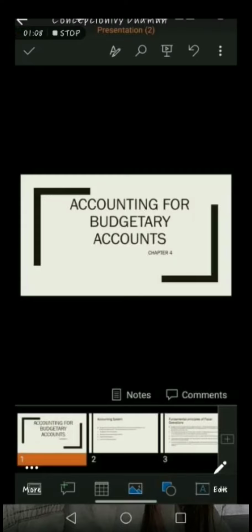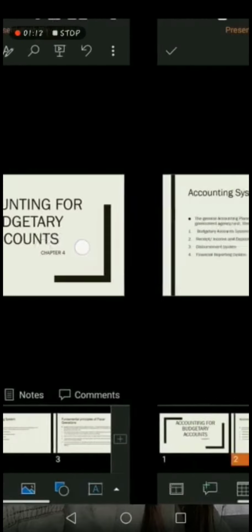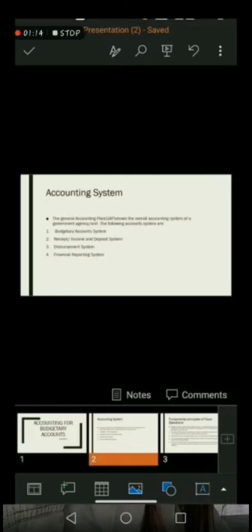So, accounting system. The General Accounting Plan, or GAP, shows the overall accounting system of the government agency and unit.